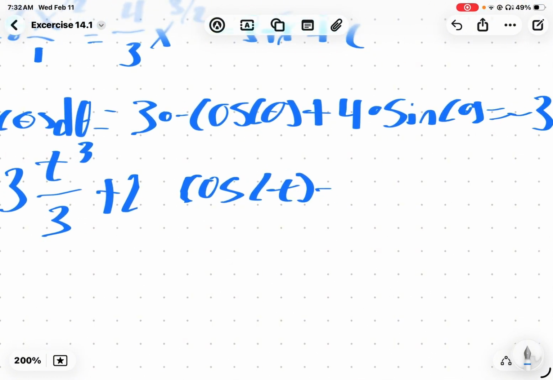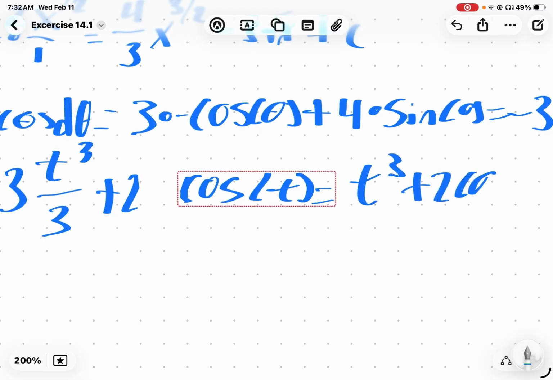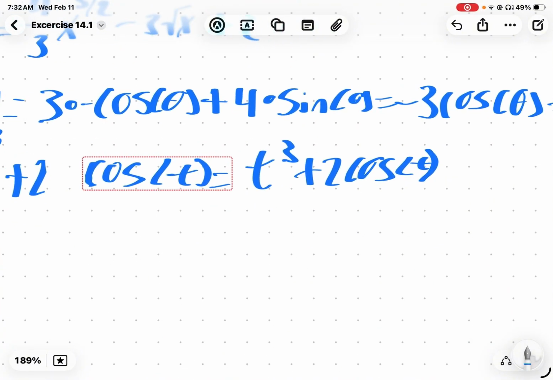So then that just simplifies to t cubed plus 2 times cosine of t plus c.